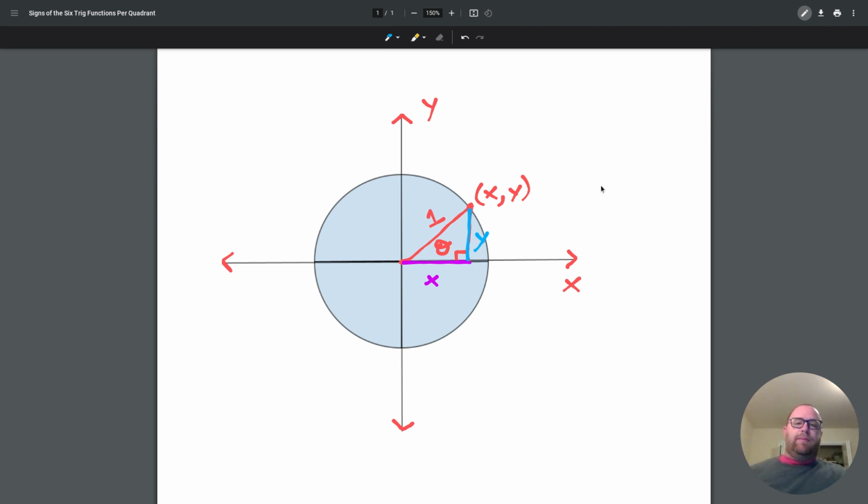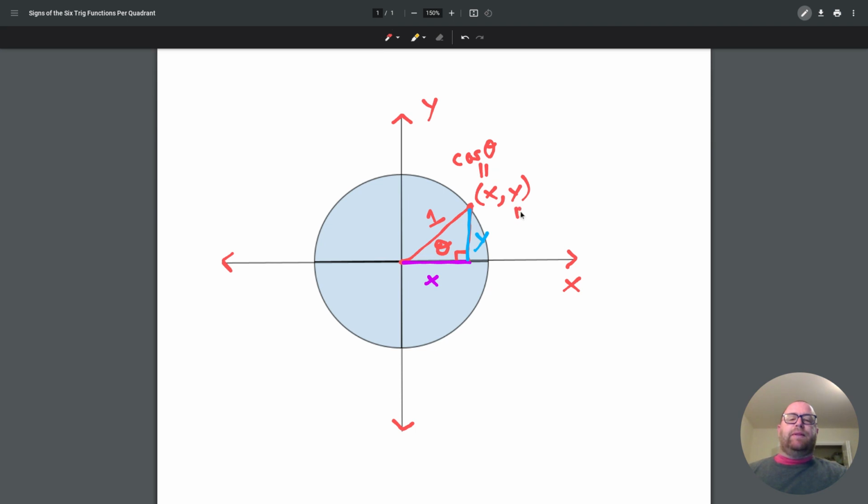Now, just looking at this triangle, we can say that the cosine of theta is the adjacent side over the hypotenuse, so x over 1. So the cosine of theta is x. So let's label that. So x equals the cosine of theta.